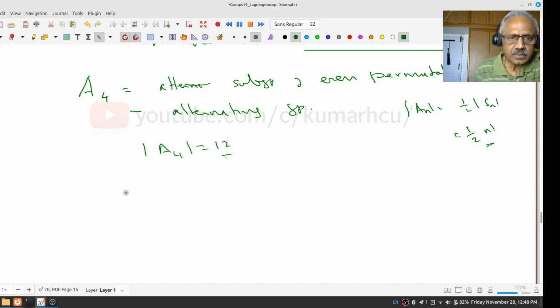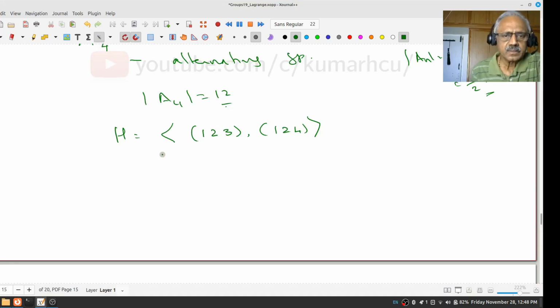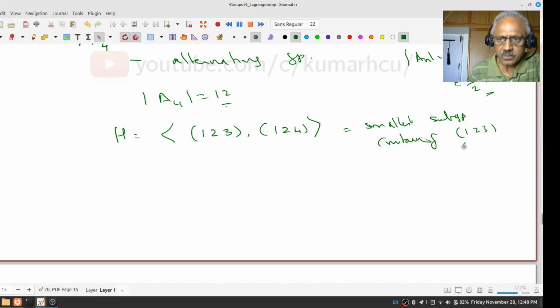Now let me look at a subgroup generated by some 3-cycles. I'm just writing something, whatever comes to my mind. You can try with something else. This is a subgroup generated by this. What does that mean? This is the smallest subgroup containing the cycles (1 2 3) and (1 2 4).